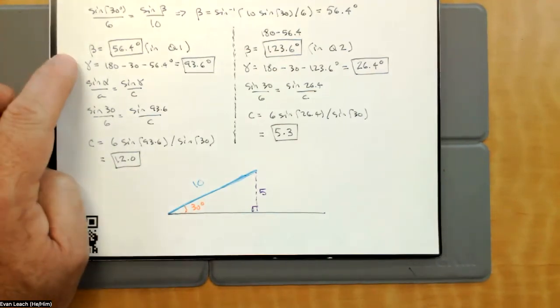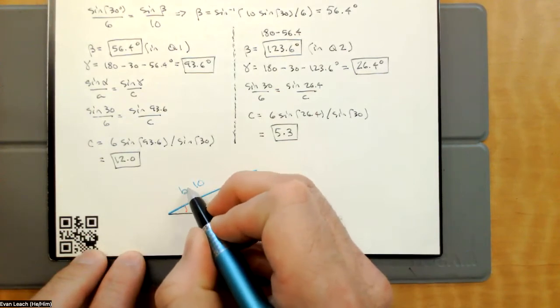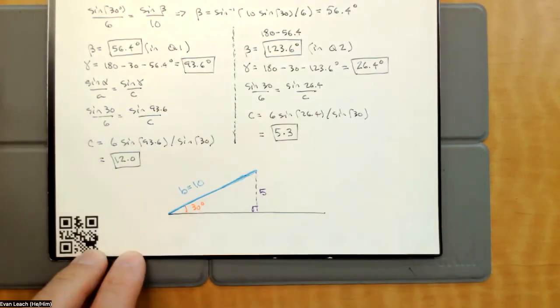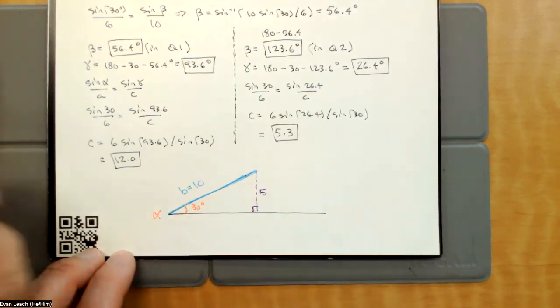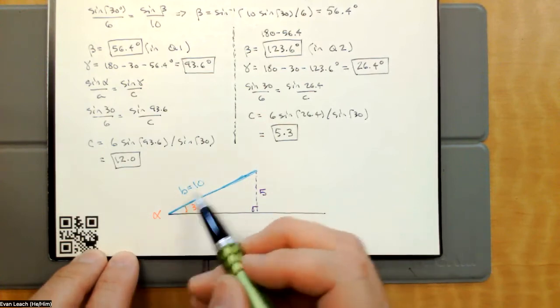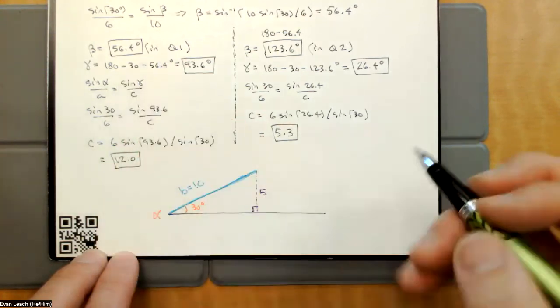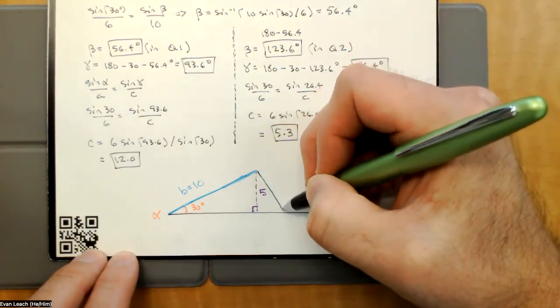One of them will make an angle of beta. So here's B up here, and here's alpha. One made an angle of beta opposite the side B of 56.4 degrees. That's drawing it over here.